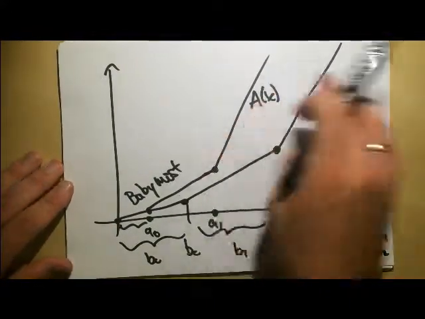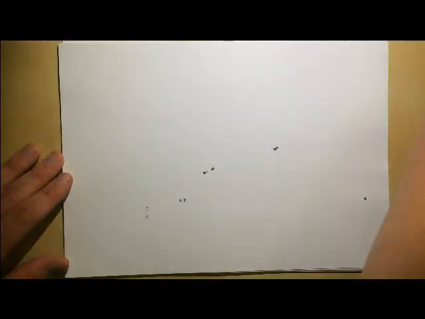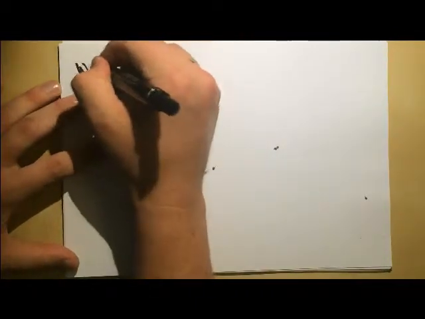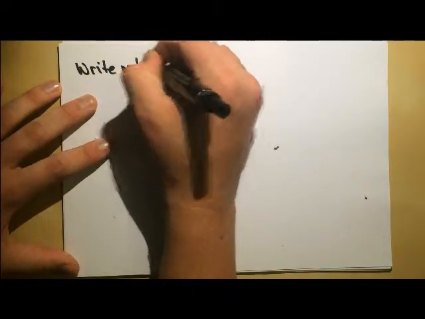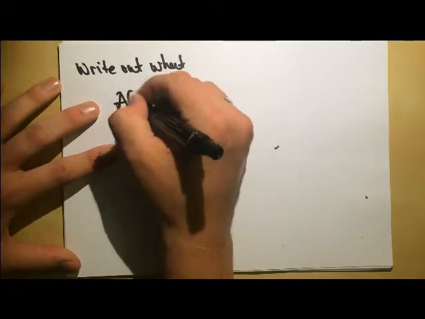So you can actually write out what these functions are, and writing out what these functions are is actually a useful thing. So let's write out what a of x looks like.